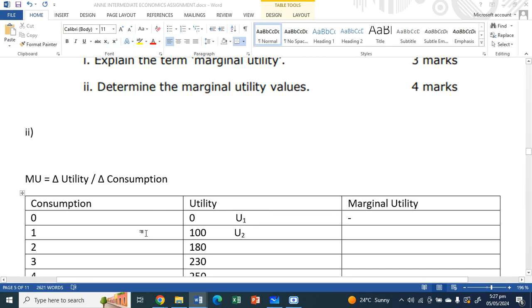It's all about you get the new value and compare it against the old value. Then we get also the new consumption, which is C2, and the initial consumption, which is C1.